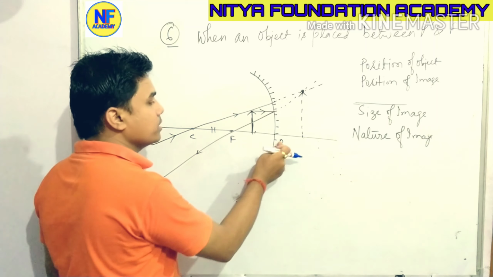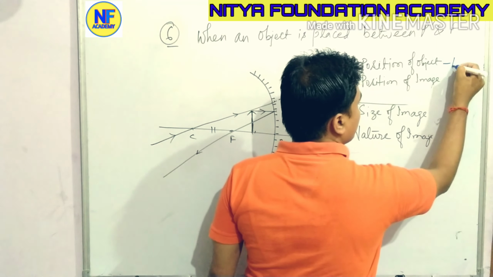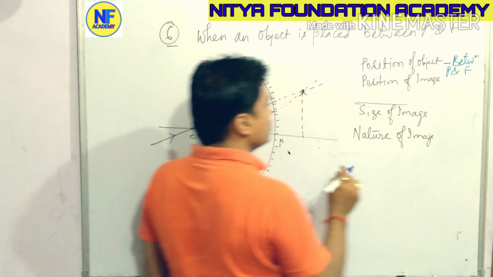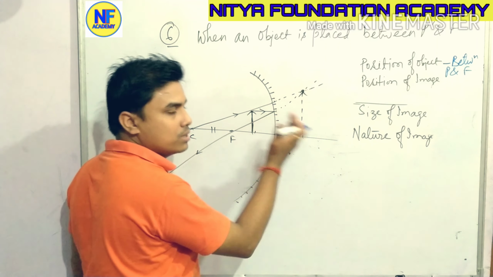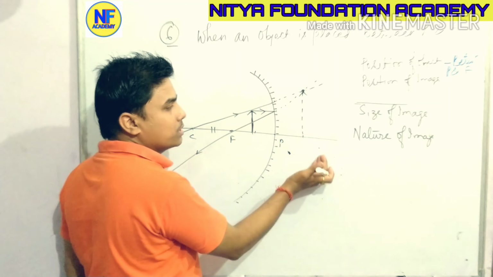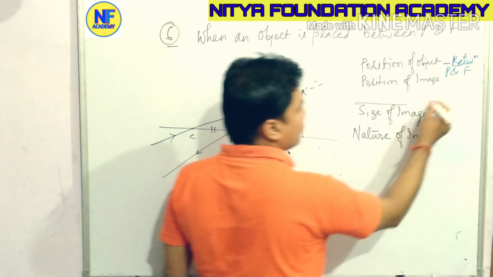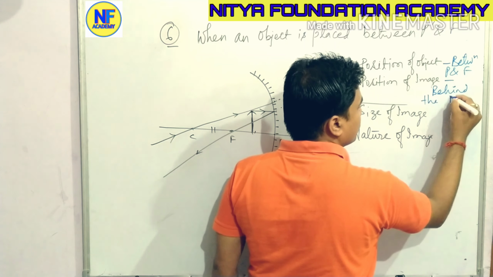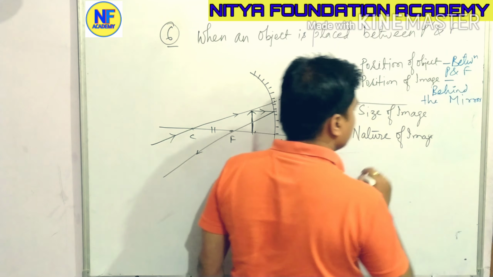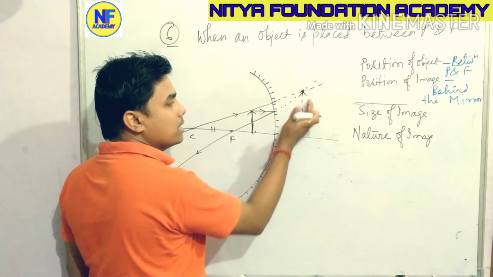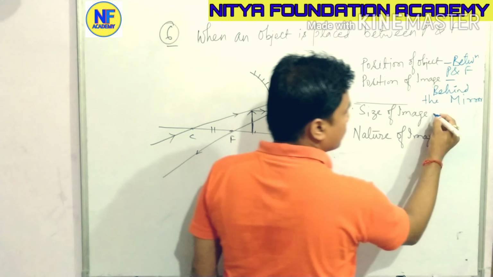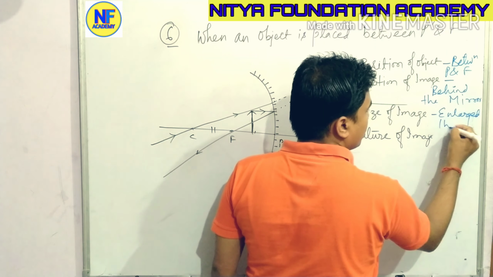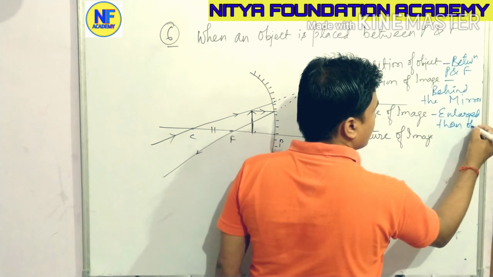So the position of object is between pole and focus, so we will write here between pole and focus. The position of image is behind the mirror. The mirror is here, and the image is located behind the mirror, so we will write here behind the mirror. Then the size of image is enlarged compared to the object, so we will write here enlarged than object.